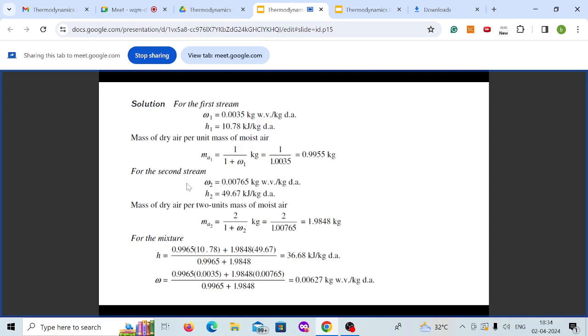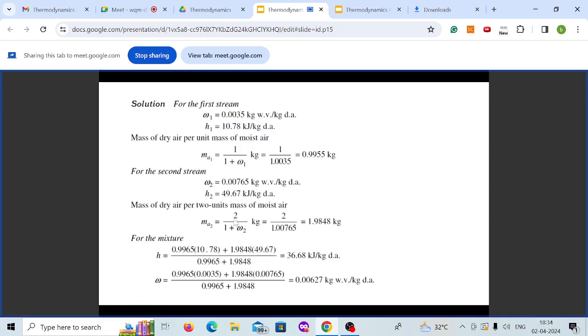For the second stream, similarly, you can straight away take it from the psychrometric chart. Your specific humidity is 0.00765 and your enthalpy is 49.67 kilojoule per kg of dry air. Now the mass of dry air per 2 unit mass of moist air is twice the previous one.